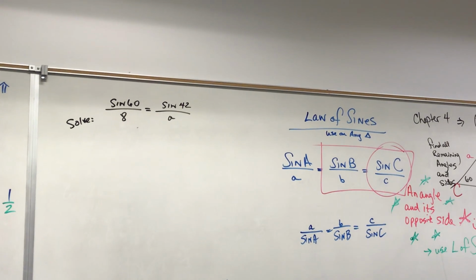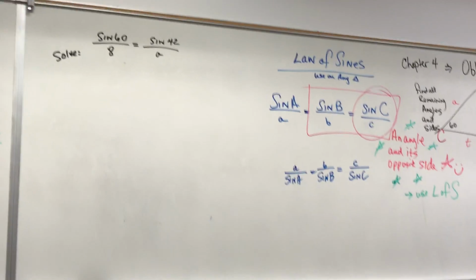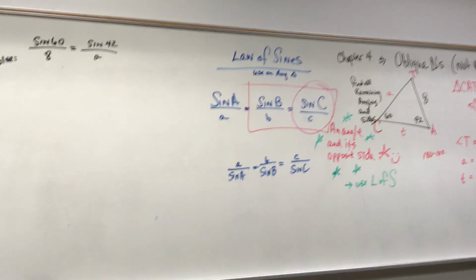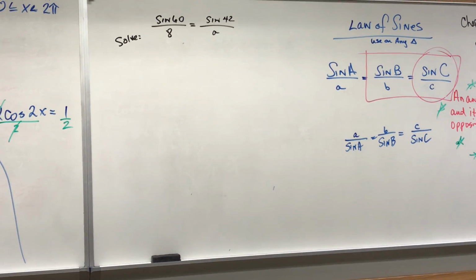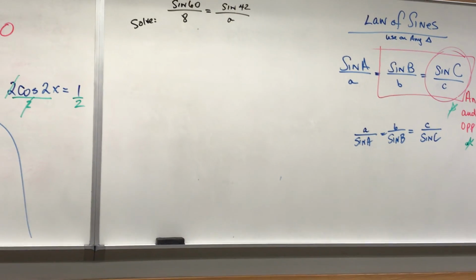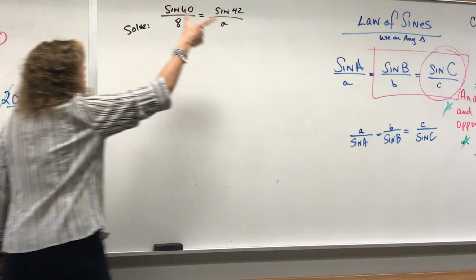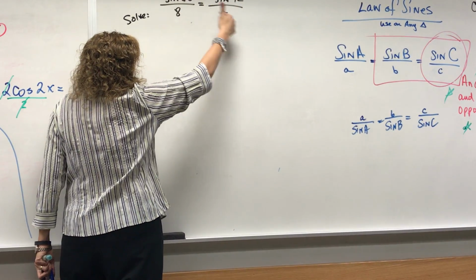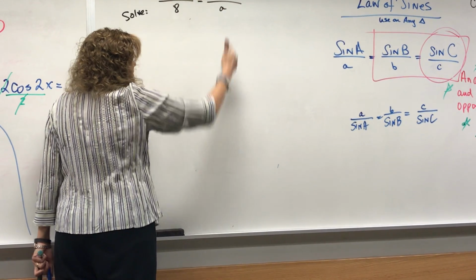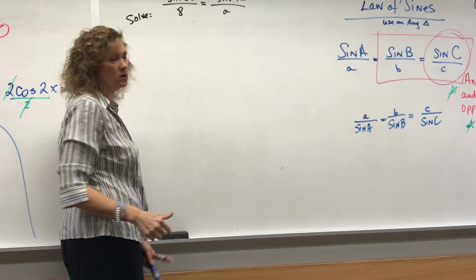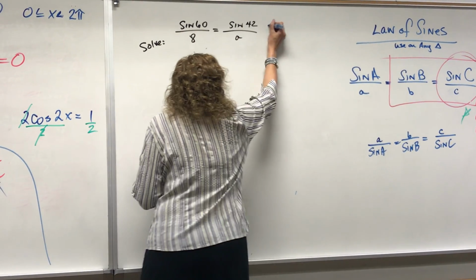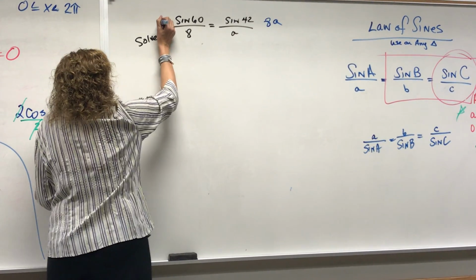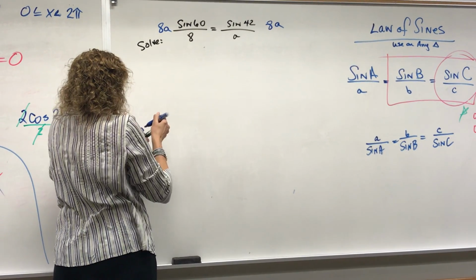This is the only time I think the term cross multiply is applicable. I know people use it when getting common denominators and it makes me cranky. But if you have a fraction equal to a fraction, you can take the cross products and set them equal to each other. Or you can multiply both sides by 8a, the common denominator, and you get the same thing.